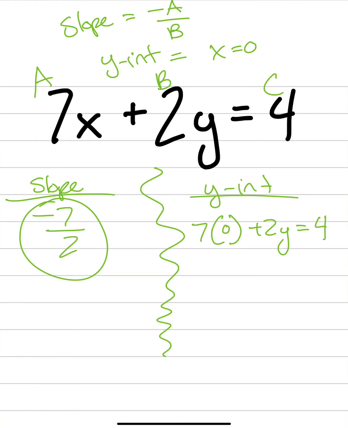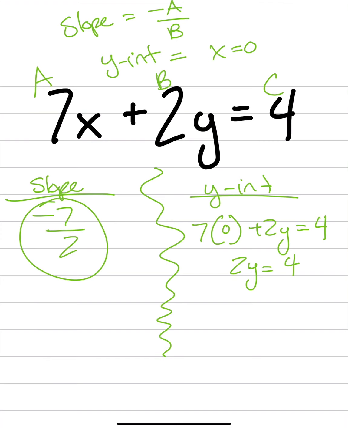Any number times 0 is just going to be 0, but I'm not going to write 0 because I don't need to do that. It's just not necessary. That's taking an extra step, and we're not about that. So we're just going to drop that first term altogether. So we're just going to have 2y equals 4.